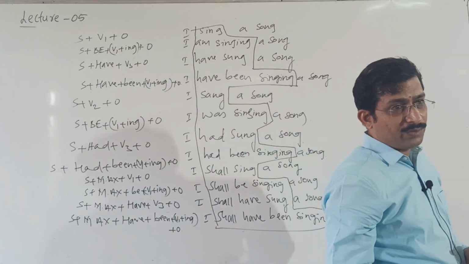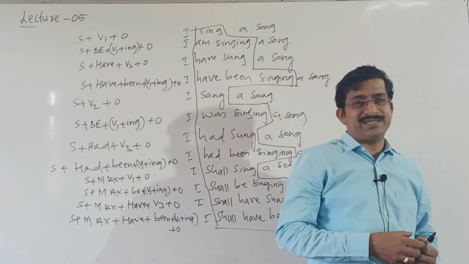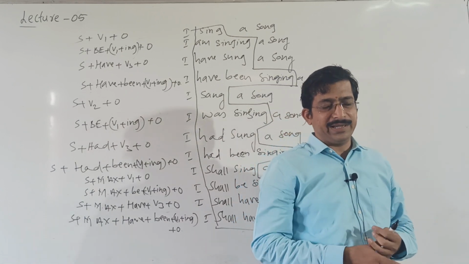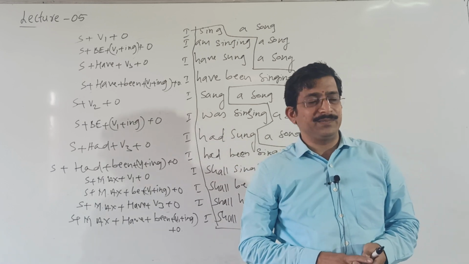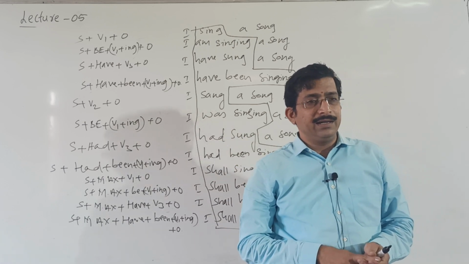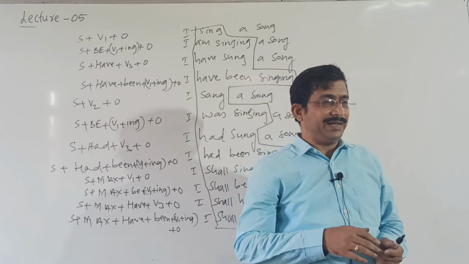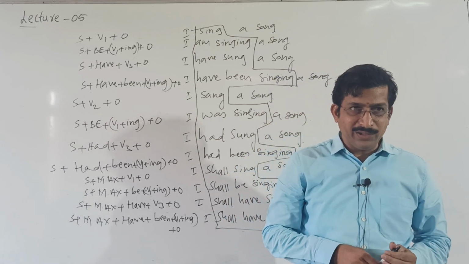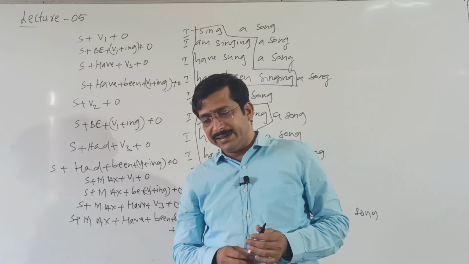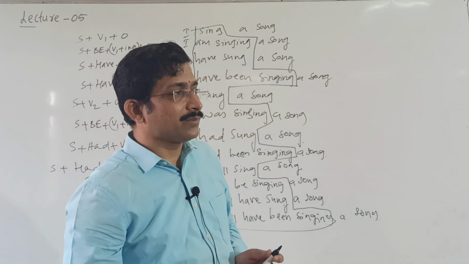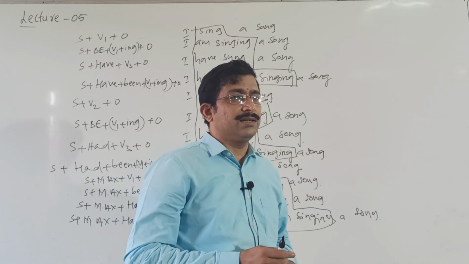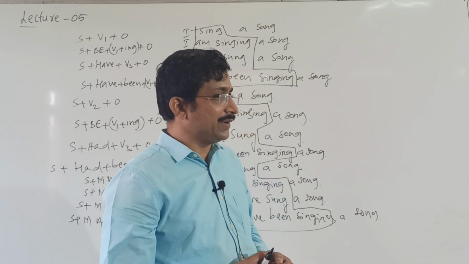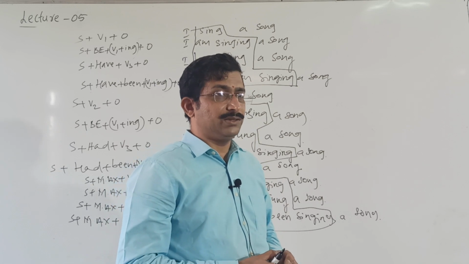Based on the knowledge we studied in these two classes, forms of verbs, auxiliaries and tenses, we have to study direct and indirect, which is rules based. Different rules are there. We'll discuss all these rules concerned with transformation from direct to indirect.